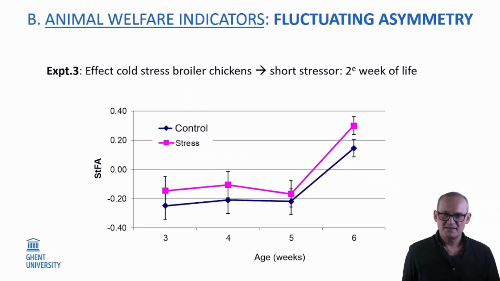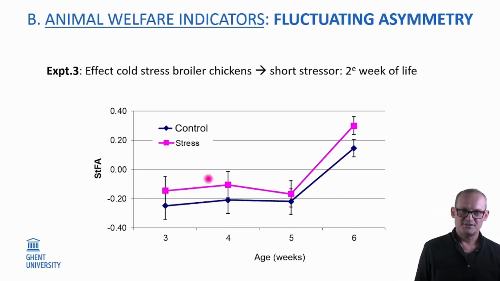Here's a third experiment we did. We stressed half of the animals during the second week of life, and the stressor this time was cold stress. And you can see that the amount of fluctuating asymmetry was higher in the stress group compared to the control group.